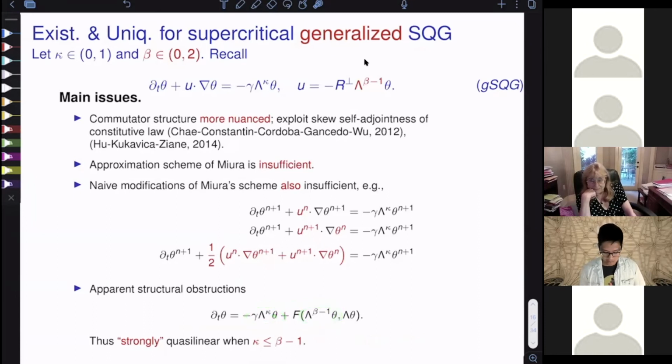When it dominates the dissipation, this is in some sense a strongly quasi-linear regime. So not only is the dissipation less than the advective derivative, but it's also not stronger than the coefficient of that of the gradient of theta. Okay, and it's in this regime that all of these fail. So the point I want to make is that the approximation scheme needs to be changed, and it needs to be changed in a non-trivial way.